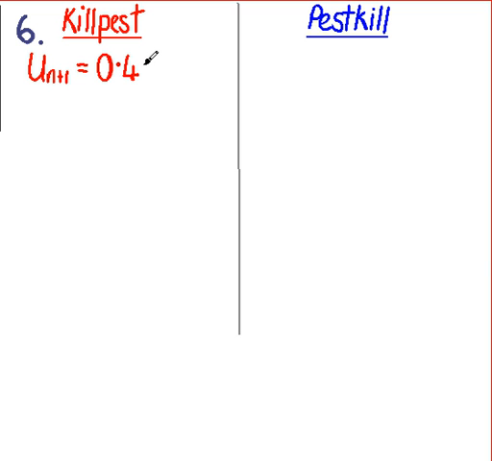That's 0.4 multiplied by the previous week, which is Un. And we're also told that every week 300 new pests invade the trees. That means 300 pests are added. So what we have now is a recurrence relation for Kilpest.